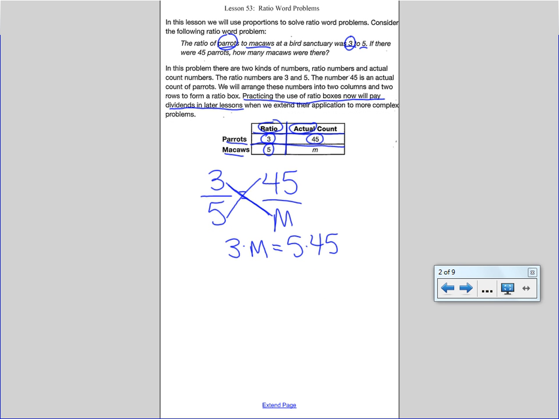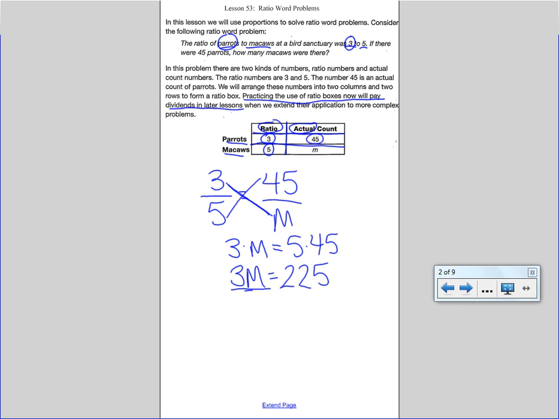Now I'm going to do the math indicated. So I have 3 times m is 3m equals 5 times 45. 5 times 45 is 225. Now I see that I have 3m equals 225. To get m by itself, I must divide by 3 on both sides because it's being multiplied right now, 3 times m, so the opposite of multiplying is dividing.